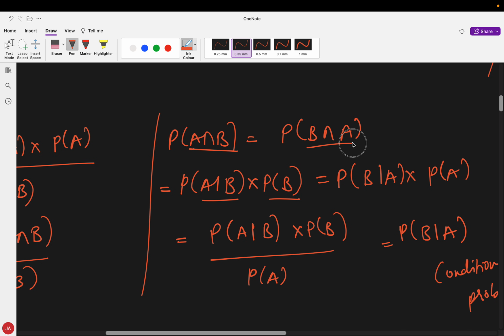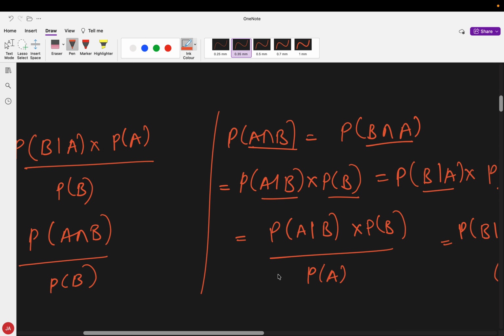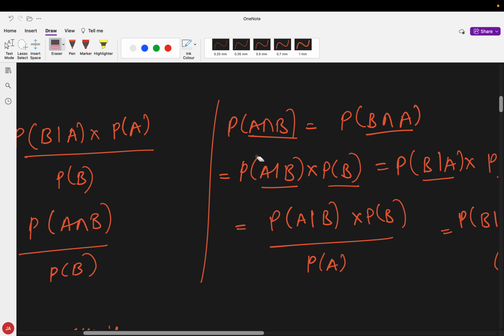And B intersect A can be written as probability of B given A times probability of A. So if we rearrange this, we get probability of B given A as probability of A given B times probability of B, divided by probability of A, which is the Bayes theorem. Nothing complex, a very simple formula.